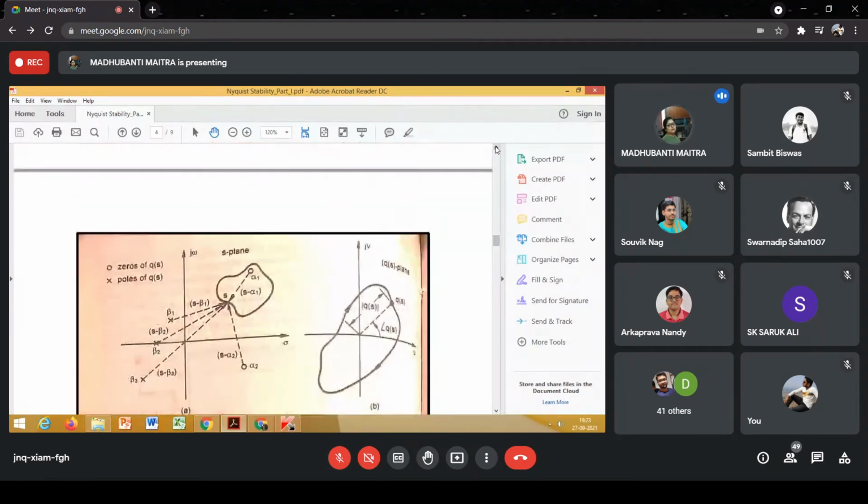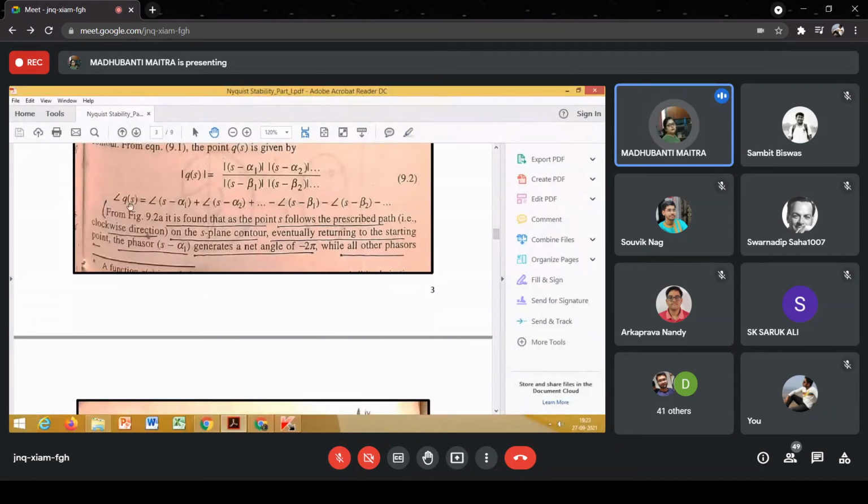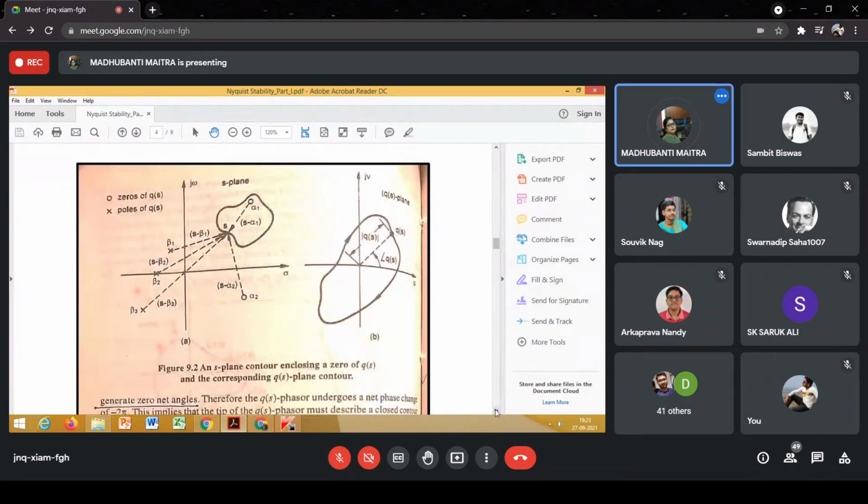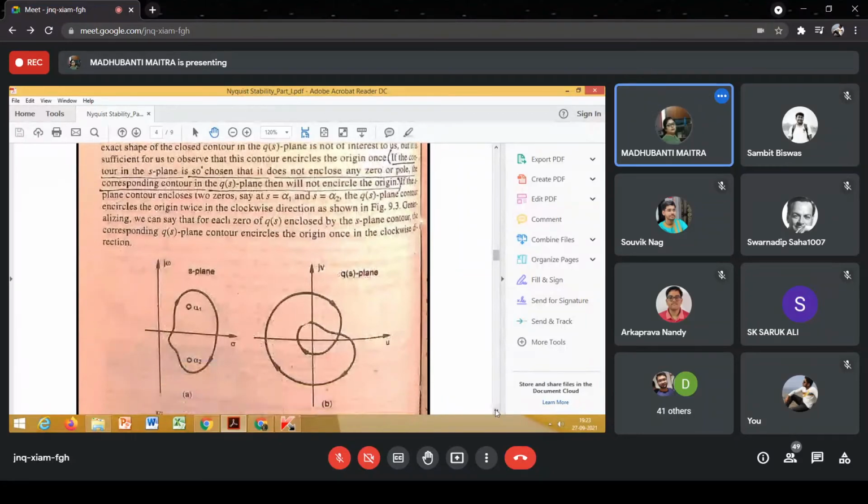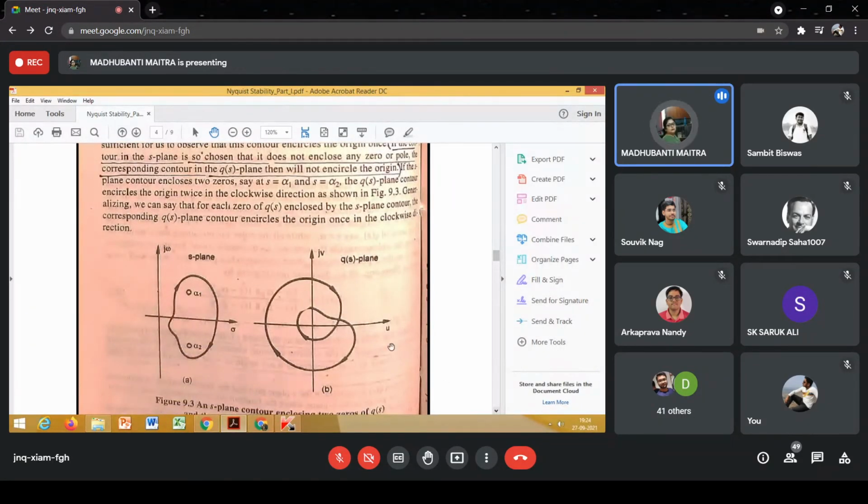So delta QS now will be equal to 2 into minus 2 pi. On the QS plane, the tip of the QS plane vector will encircle the origin of the QS plane twice.